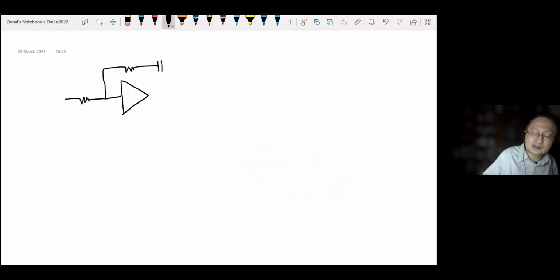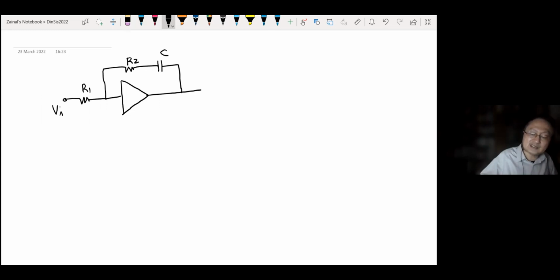This one is VI, this one is R1, this one is R2, this one C, this one is VO.